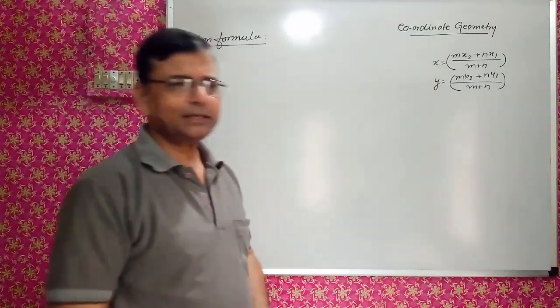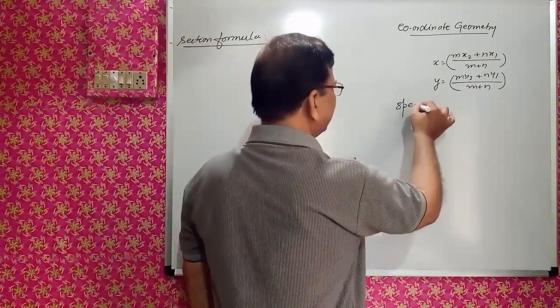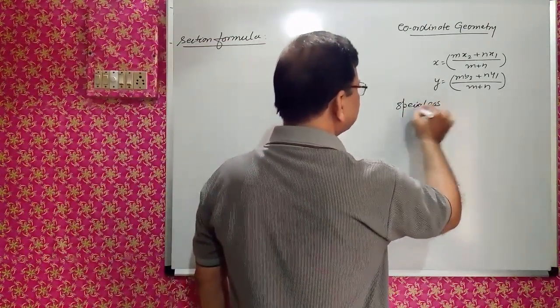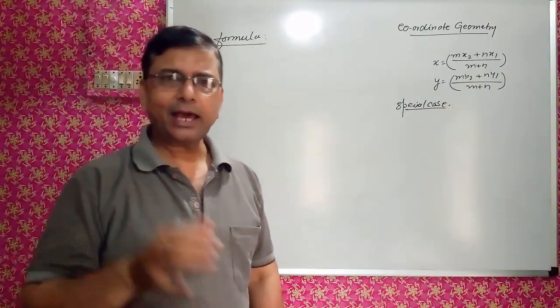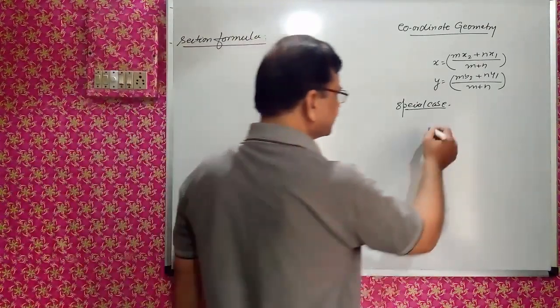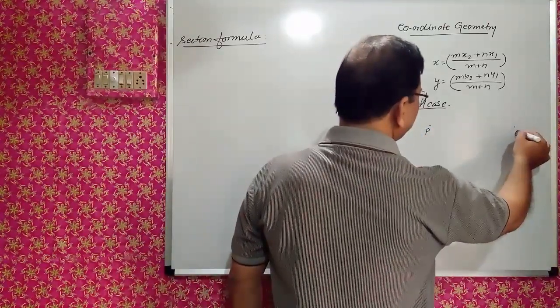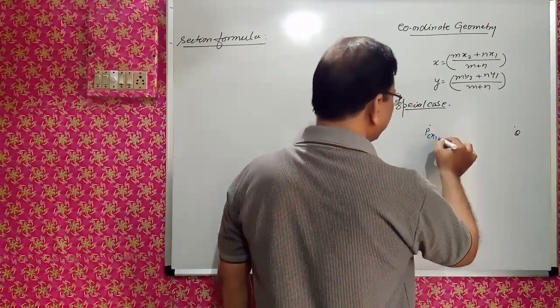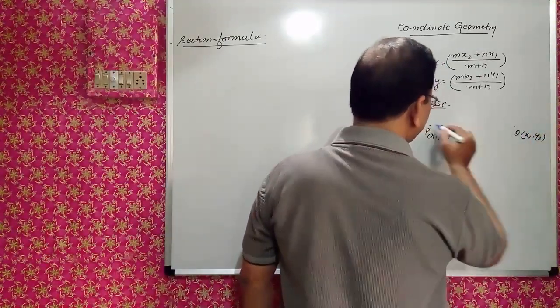Some special cases I will talk about. Special case. What is the special case? Suppose 2 points are given. I want the midpoint. What is the coordinate of the midpoint? Suppose this is the point P, this is the point Q. Coordinate of this is x1, y1. Coordinate of this is x2, y2.